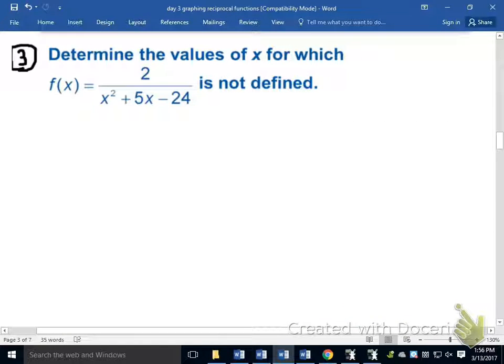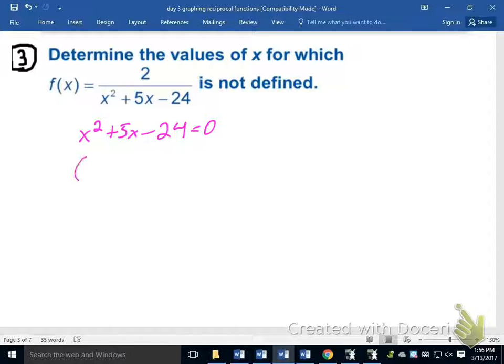For our first example, it asks us to determine where it's not defined. That's as simple as taking the denominator and setting it equal to 0, because you cannot divide by 0. In this case, I would probably solve by factoring, so x plus 8, x minus 3, and set each of the factors equal to 0.